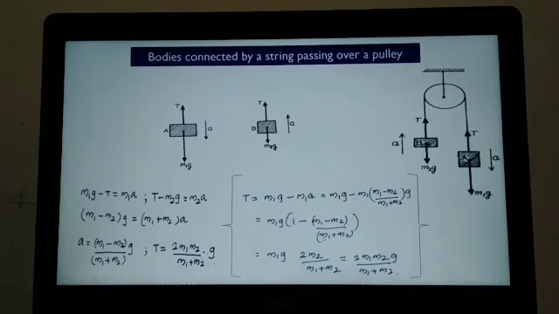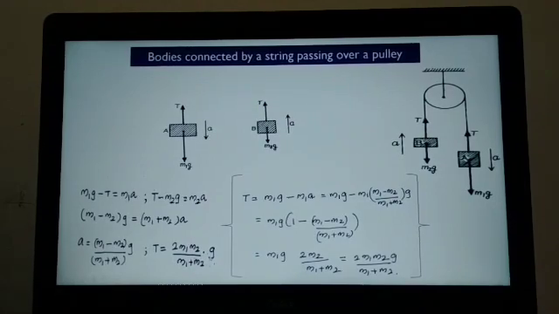So from the bracket M1 and minus M1 get cancelled, M2 minus of minus M2 will be there. So 2M2 divided by (M1 plus M2) will be there inside the bracket. M1G will remain there. So that will be 2 into M1 M2 G divided by (M1 plus M2). So the tension will be T is equal to 2 M1 M2 divided by (M1 plus M2) into G.